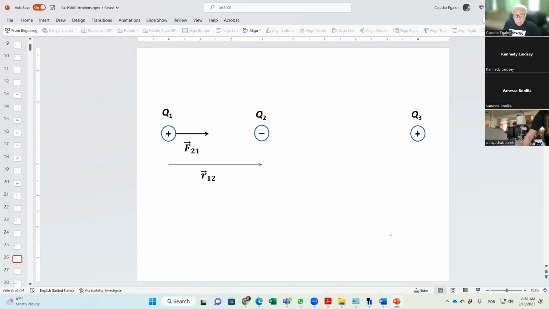Now, what if we have three charges? That would be an example a little bit more complicated. Suppose we have three charges lining up in a straight line, and we want to find the net force on charge number 1. Let's play the movie again.